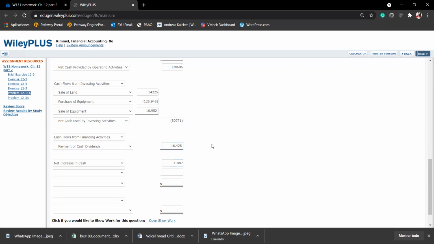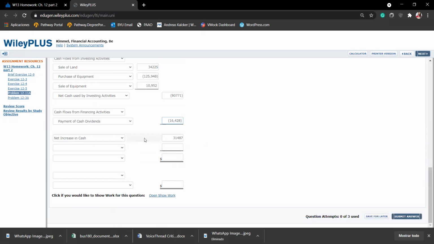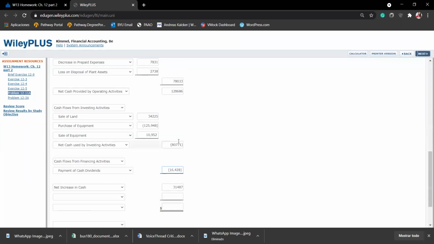I need to mention that here this number is -2. It is negative because we are paying the dividends to the stockholders with cash. So that is negative in the cash flow. And then the net increase in cash is the sum of the three activities.